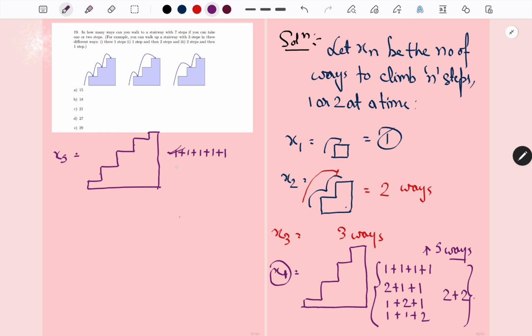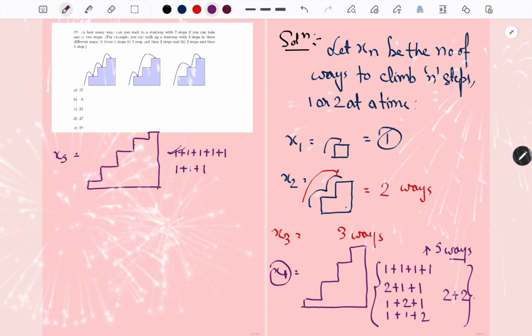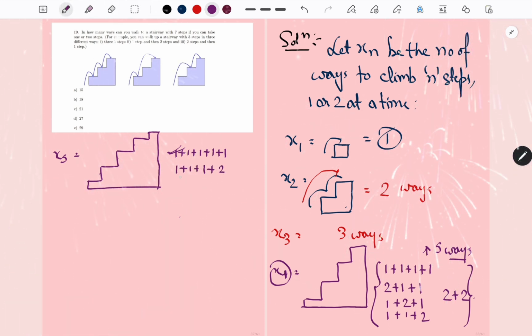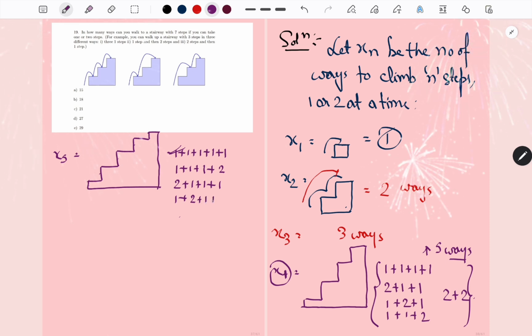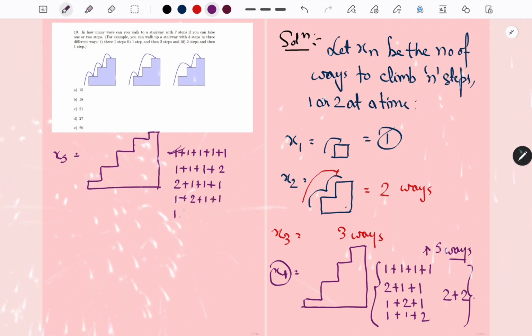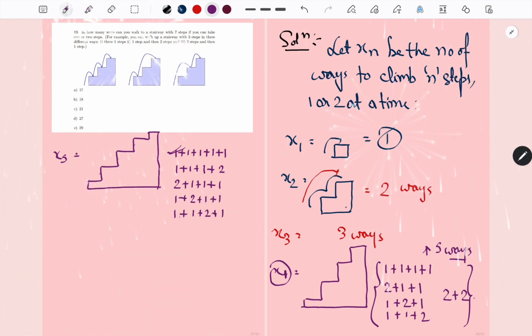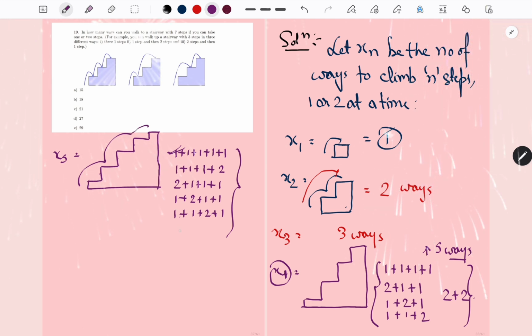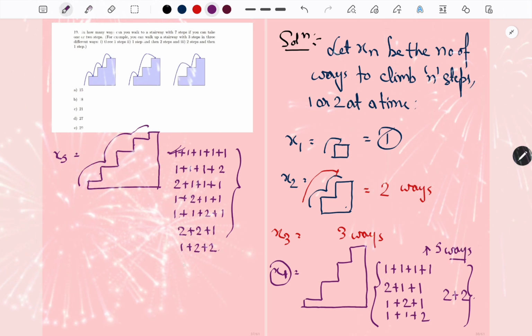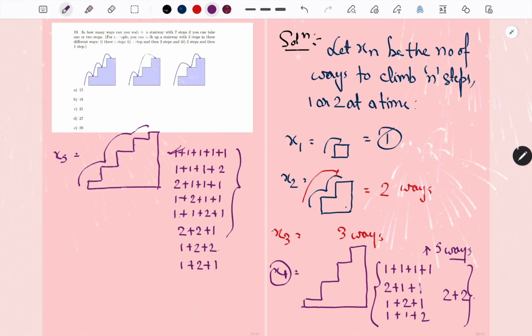Again there can be steps like 1 1 1 and then 2, and this can go on to 4 ways. Why? 2 plus 1 plus 1 plus 1, again 1 plus 2 plus 1 plus 1, again 1 plus 1 plus 2 plus 1. So these are the ways. Apart from this, there can be ways where he takes 2 steps at a time and then reaches 1. So 2 plus 2 plus 1, again 1 2 2 and 2 1 2. So basically this will be 8.